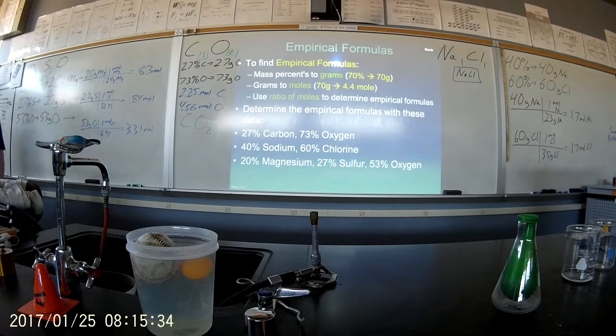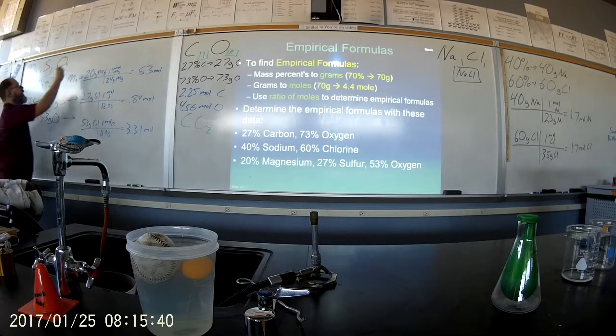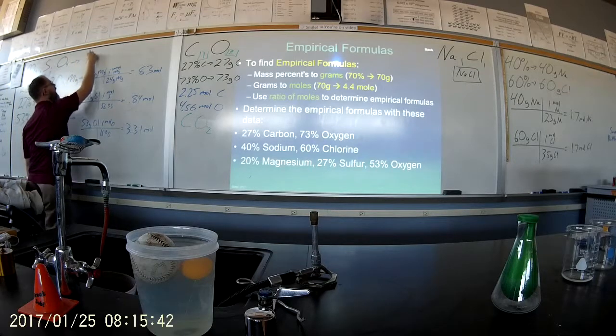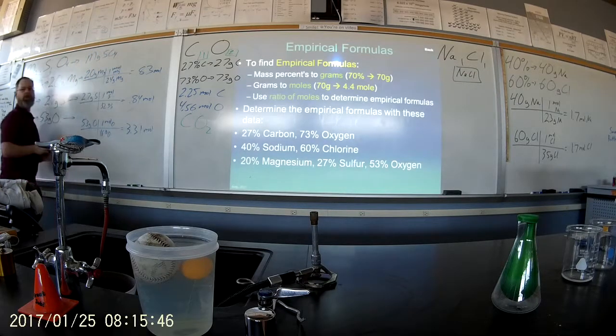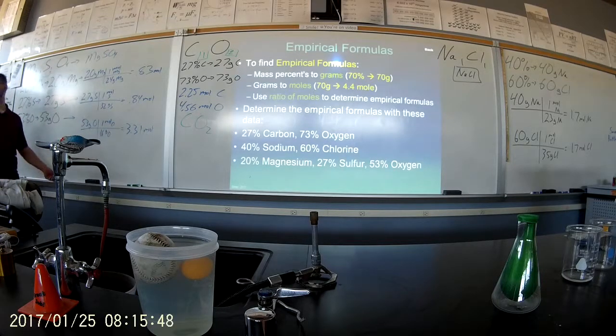And oxygen is going to be a what? A 4. 3.9 rounds to 4. So this chemical is MgSO4, magnesium sulfate. 53 divided by 16, and then you divide the big number by the small number.